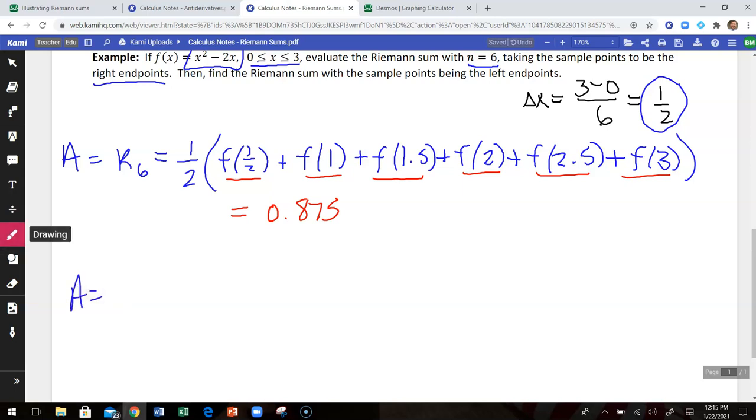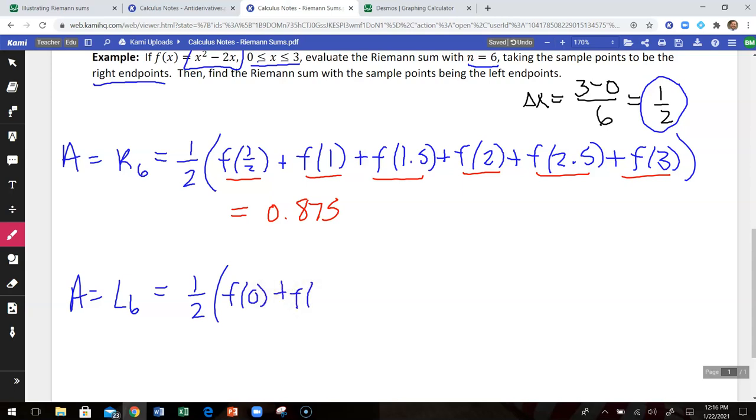So my area with left endpoints, again using 6 rectangles, I'm going to do the same thing. They have a width of 1/2. The only thing I have to change is that my first rectangle, the rectangle going from 0 to 1/2 as its x, I'm determining my height using left endpoints, which means I'm going to use 0 to determine the height of that one.